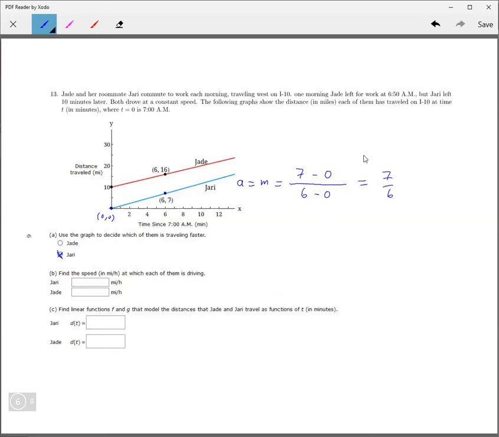Now, one thing you have to realize at this point is that's not going to give you the right answer, because they want it in miles per hour, and we have to figure out what units these are. This numerator is miles, but the denominator is minutes. So we have to convert this into miles per hour.